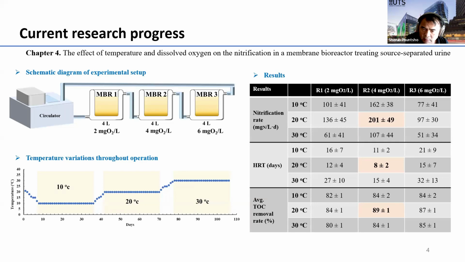At 30 degrees, nitrite also accumulated in all three reactors. But at the highest DO level, the accumulation concentration was highest among the three reactors. I didn't include those graphs due to the time limitation in this CA2, but it will be in the thesis and manuscript after I complete the microbial analysis.